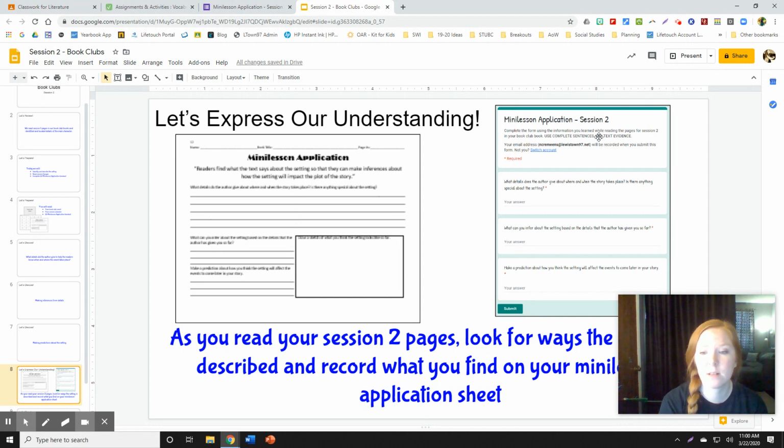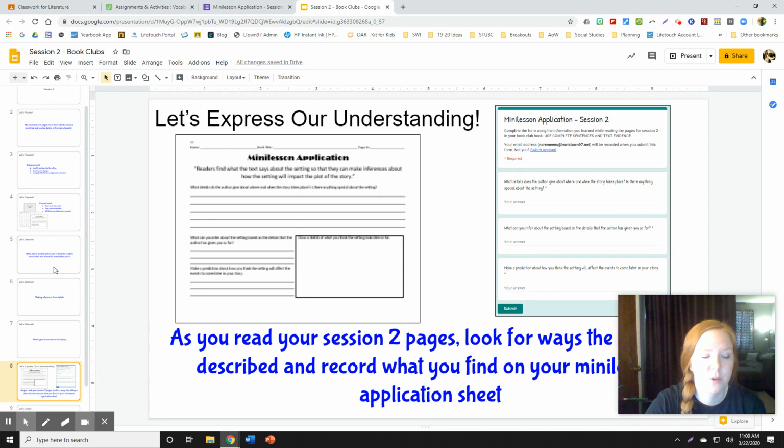And using text evidence. So if you can use page numbers or quotes, those are perfect. If not, you can just paraphrase what the author said. But just talk about things that are actually happening in the story to help me know that you can talk about things that happen in the story and use that to explain your answers.